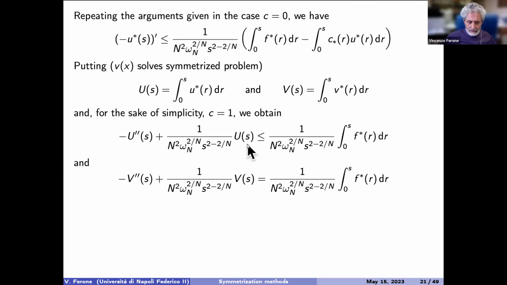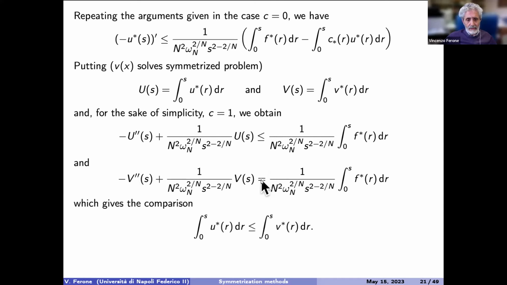And obviously, as concerns capital V, I have the same relation, but with the equality sign here. Now, the comparison between these two, inequality and equality, gives us that capital U is less or equal than capital V, and so the integral of u star is less or equal than the integral of v star.